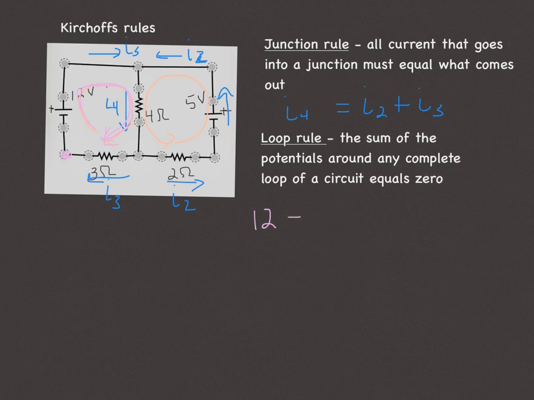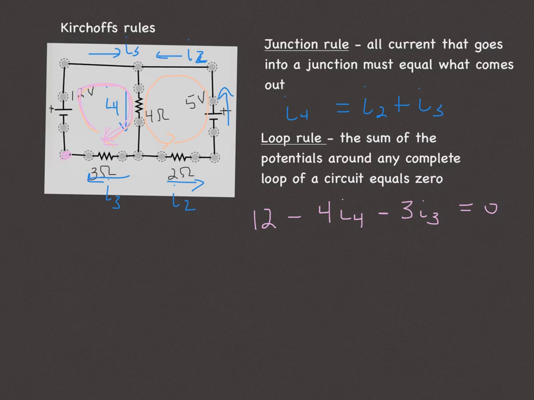So I'm going to subtract the I times R, right? So the R is 4 ohms, and the current is I4. And then I hit the 3 ohm resistor right here. So I'm going to subtract my 3 ohms times the current through that resistor. That has to equal 0. All right, so I got two of my equations done.